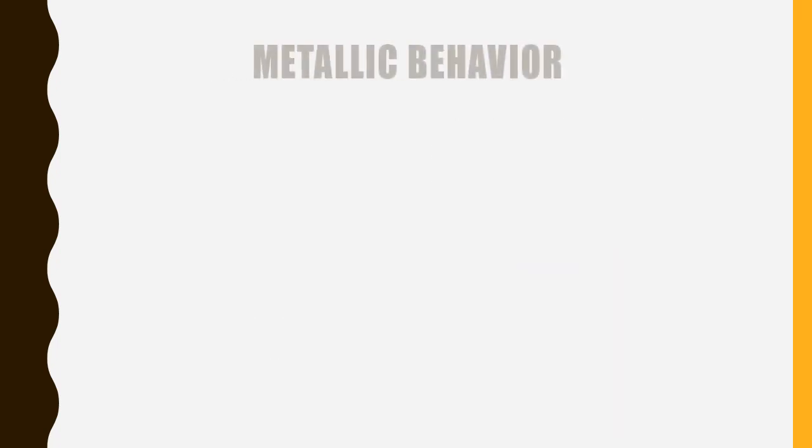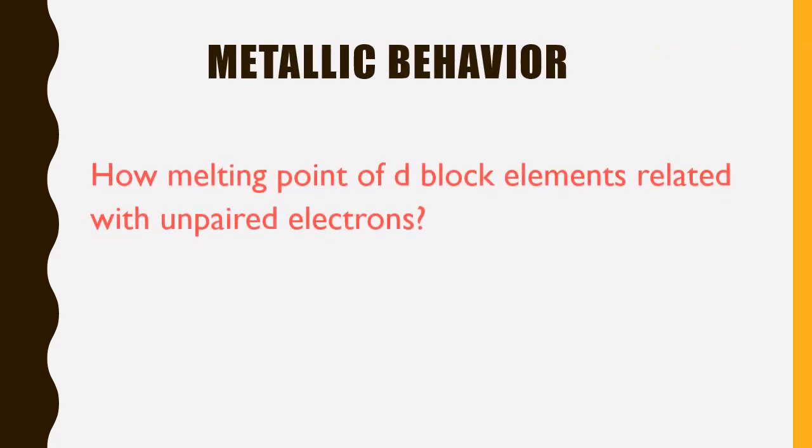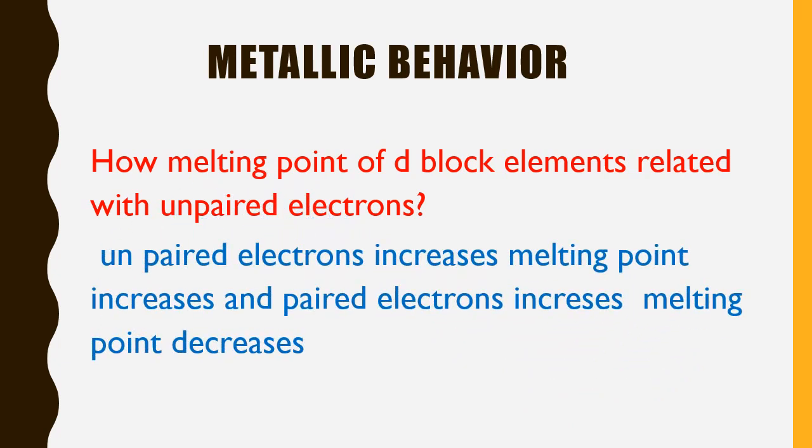So now we see the metallic behavior. The question, how is the melting point of D block elements related to unpaired electrons? When we write the electronic configuration, some metals show unpaired electrons, some metals show paired electrons.